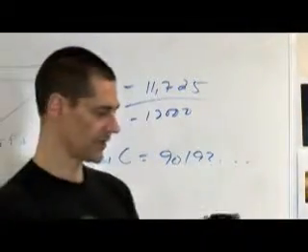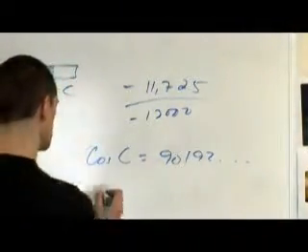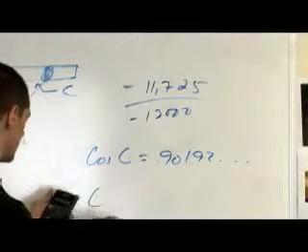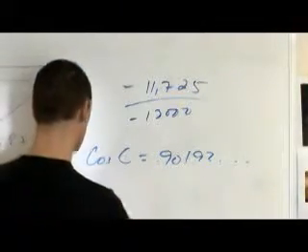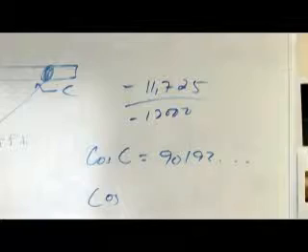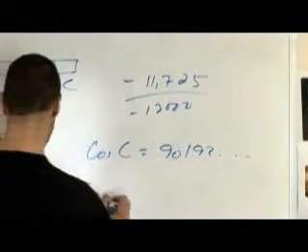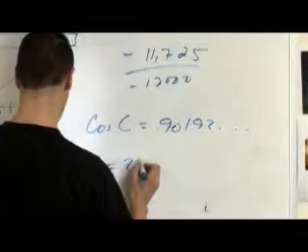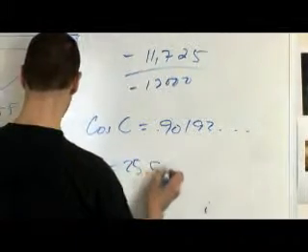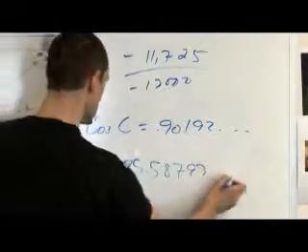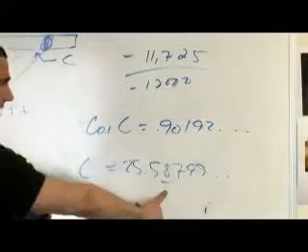I'm going to hit the second button, arccos. This says that angle C, not cosine, angle C is equal to 25.58799 and change. We're approximating to the 100ths.